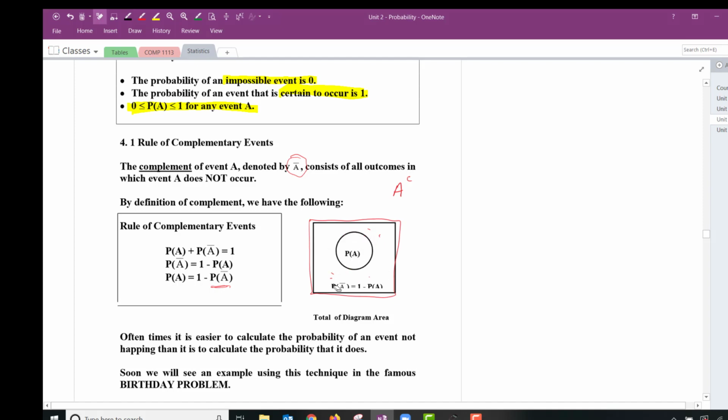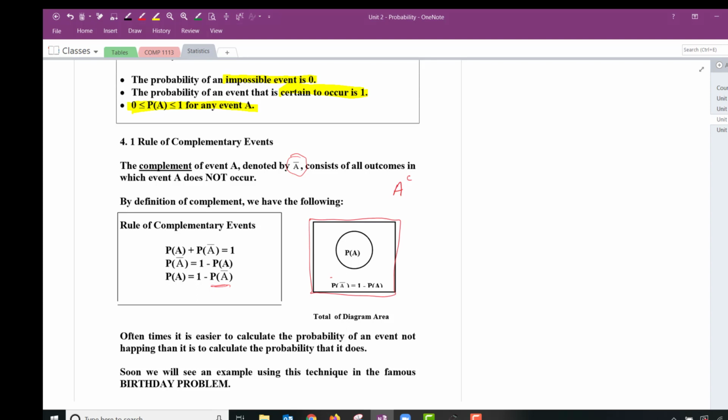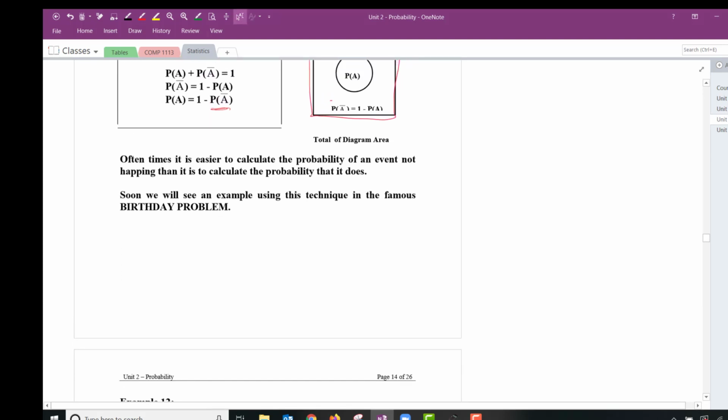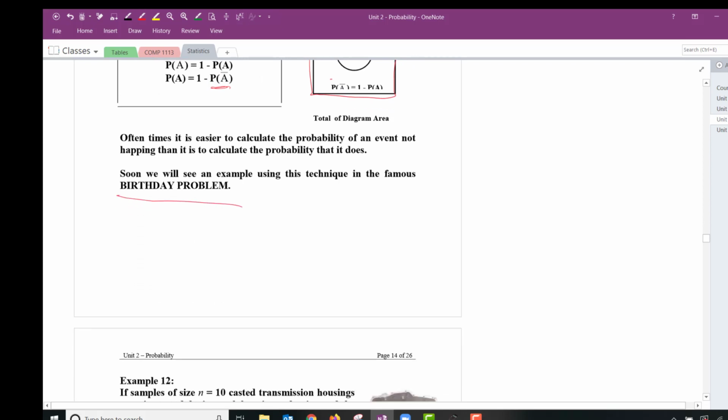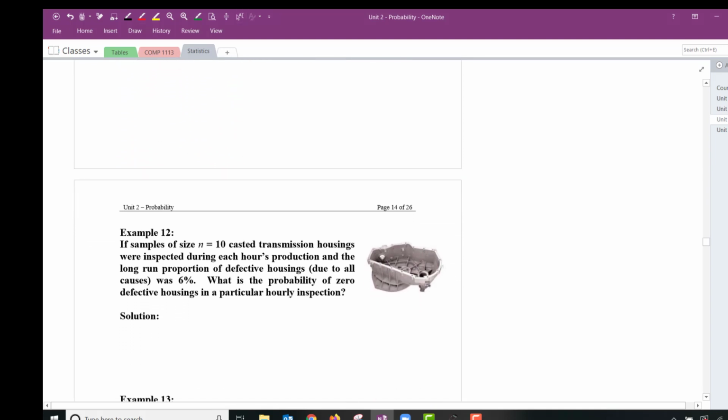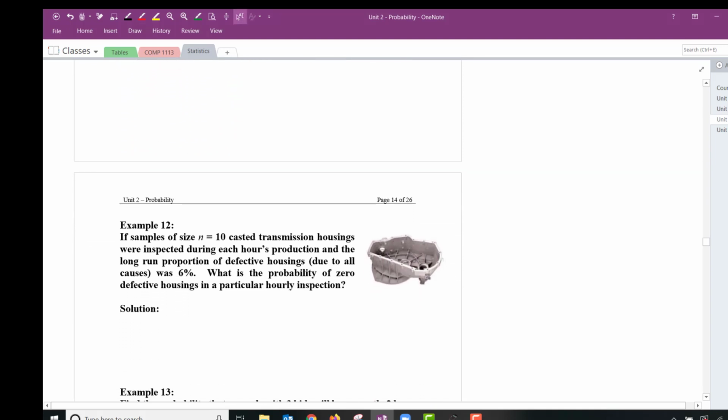The other thing we're supposed to get from this is that oftentimes we view probability as area. So the sooner we start imagining that relationship, the easier our life will be going forward. We're going to use this complement technique when we do the birthday problem later. It's a famous question.